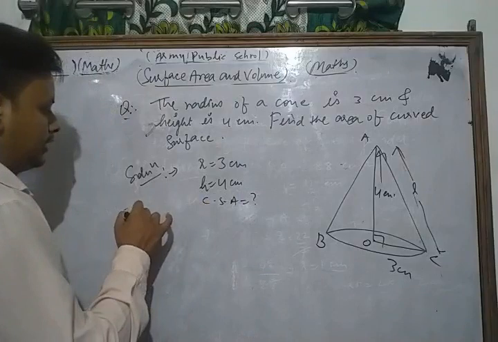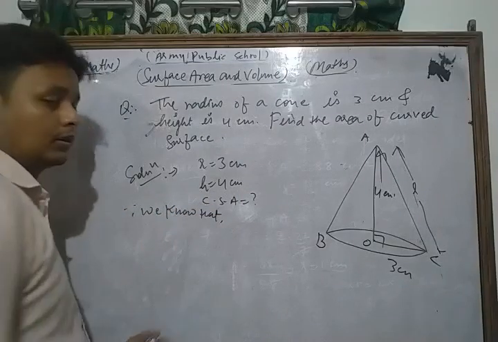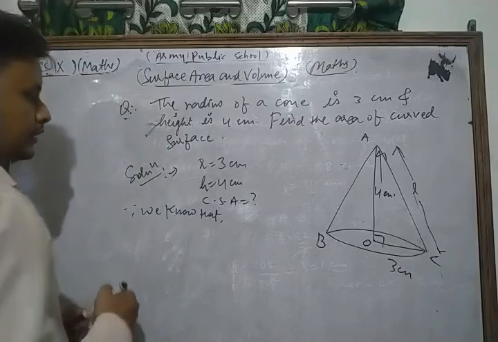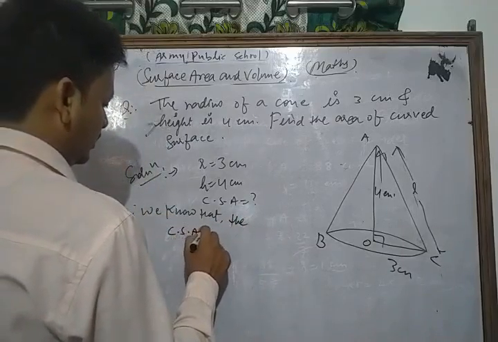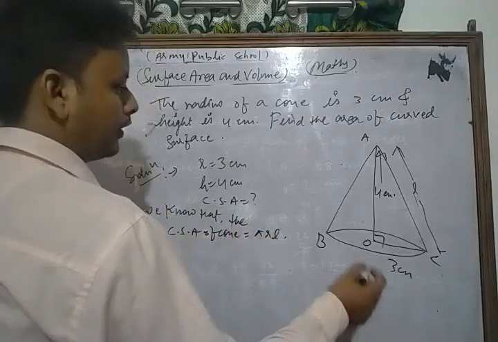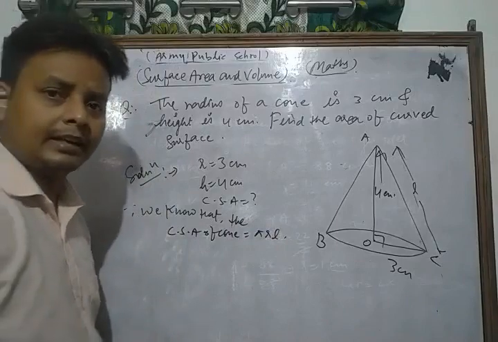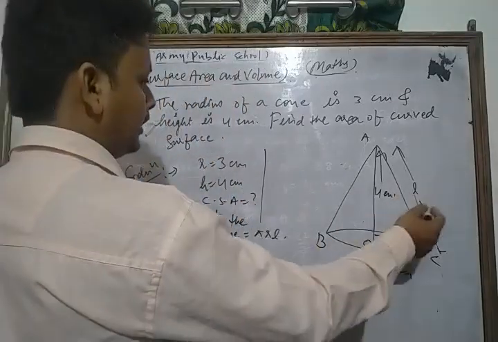So since we know that the curved surface area of cone is equal to pi r l. So first of all, we find its slant height, and we already discussed a very important relation between h, r and l.